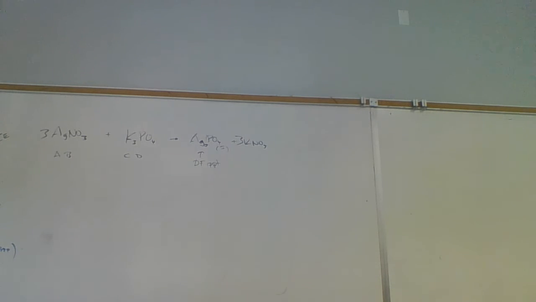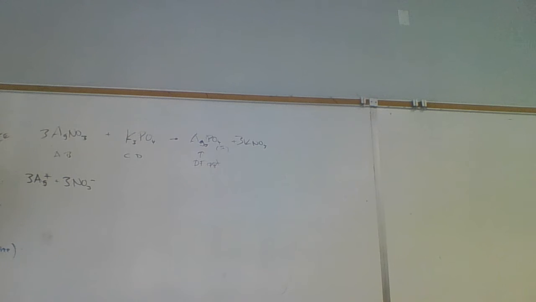So silver nitrate, do we leave that alone or break it apart? When it breaks apart, what does it break up into? Silver ions and nitrate ions, yep. The main thing is we just finished balancing it, so we don't want to screw up the balance. So we're going to maintain that balance.